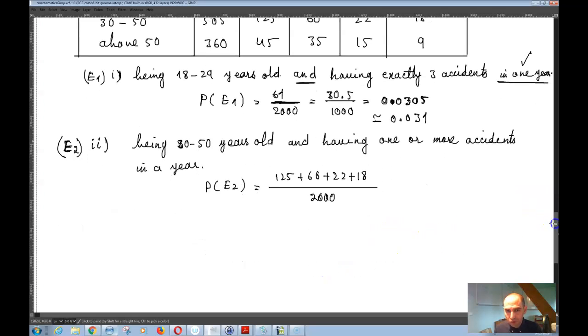So 16 plus 5 is equal to 21, and 4 plus 9 is equal to 13, so 231. That's 231 divided by 2000.